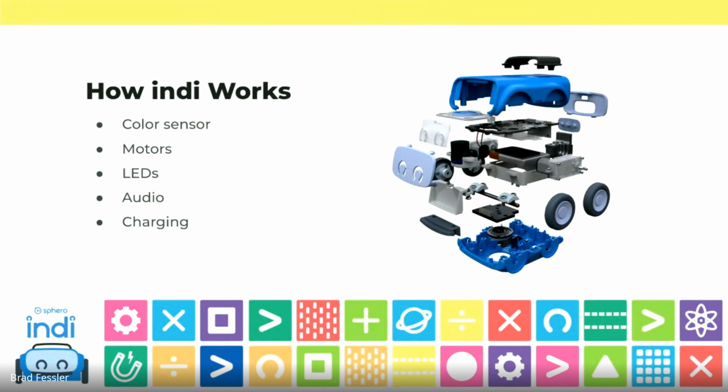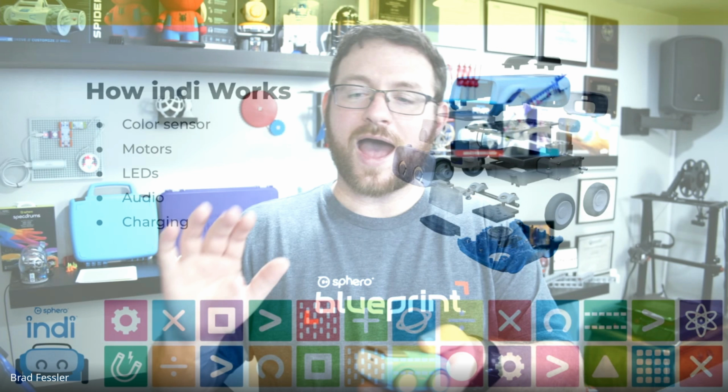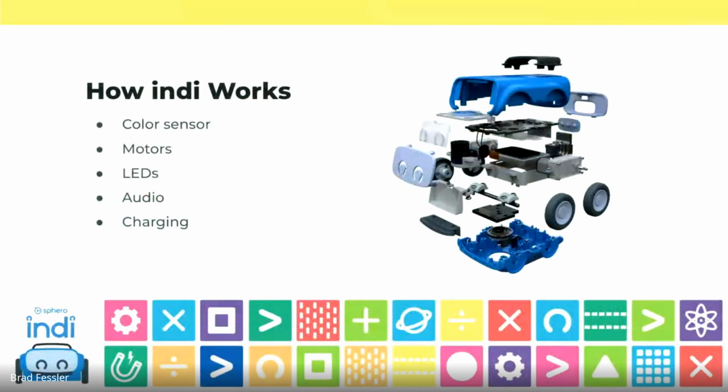And what that means is when Indy is picked up, sometimes students have a tendency to just grab Indy like this, right? They grab all the wheels, even though the wheels are spinning, versus us as adults, we tend to just pick it up by the front and back and avoid those spinning wheels. It's just the nature of how students work with the devices.